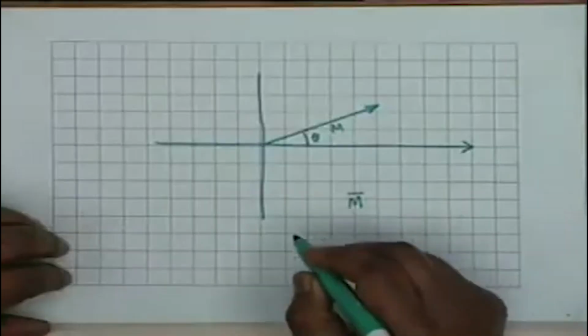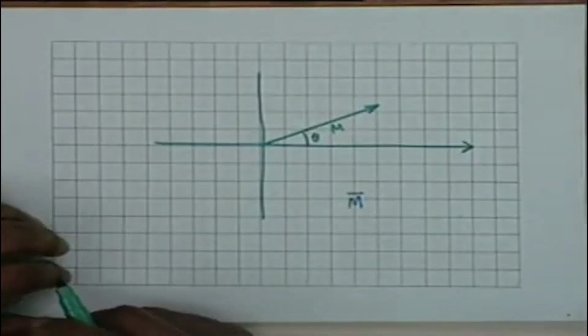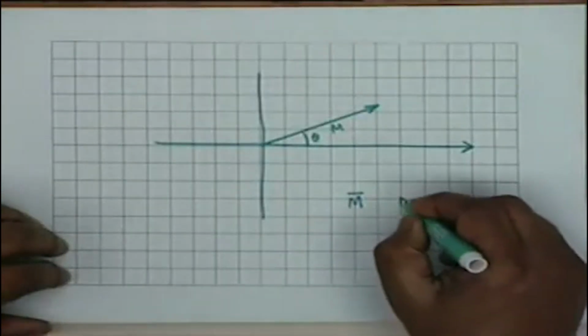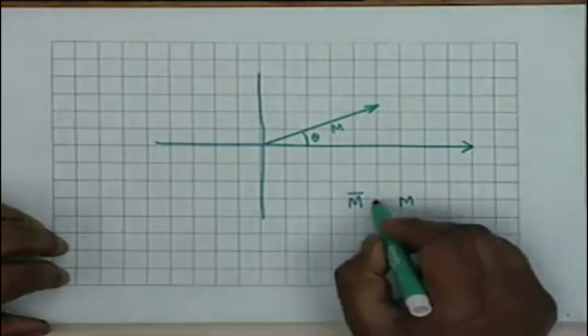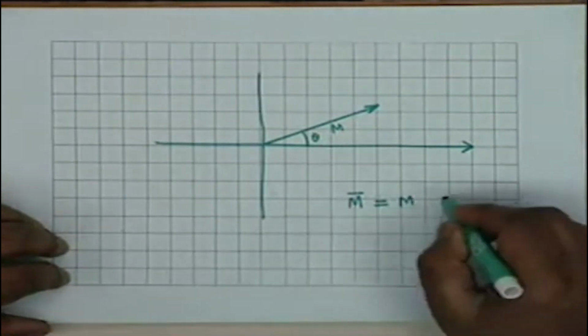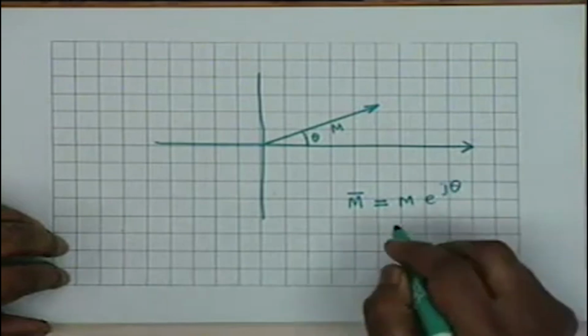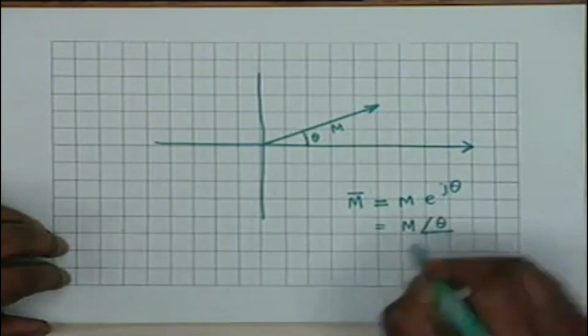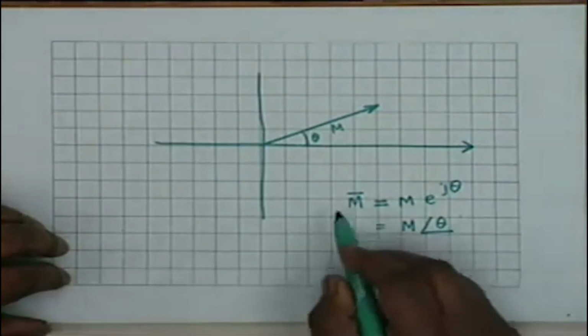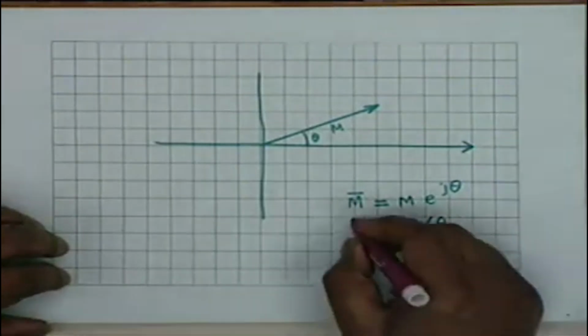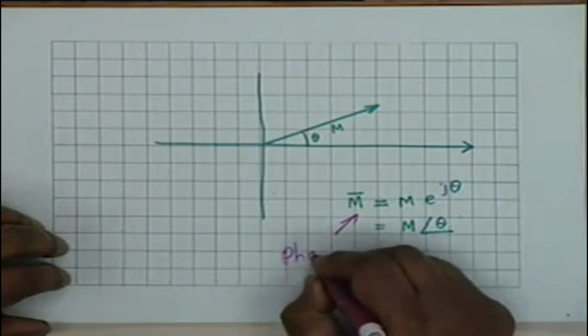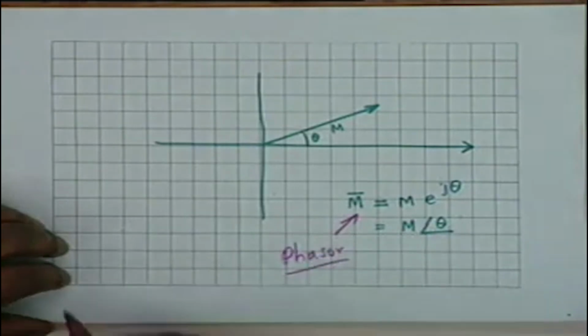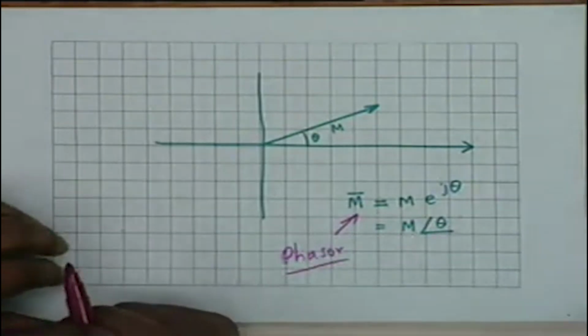Now this will mean that it is a complex quantity, M bar, and when I write M, I mean its magnitude. So M bar is M e to the power j theta, or another way of writing this is M angle theta, and this M bar is called a phasor. This vector is called a phasor.